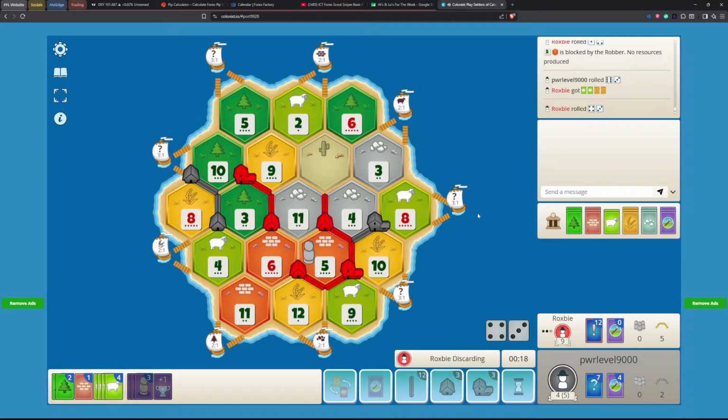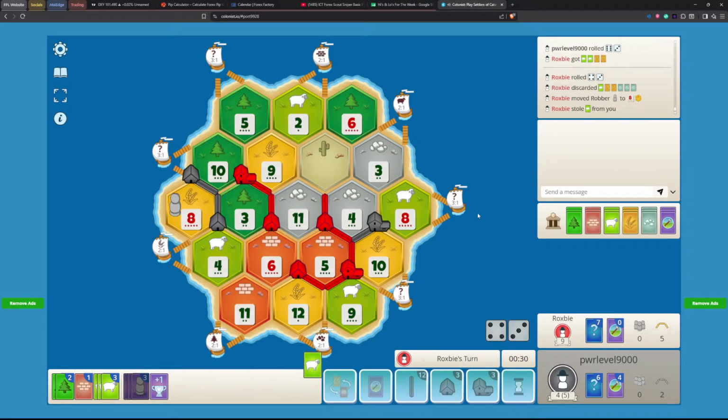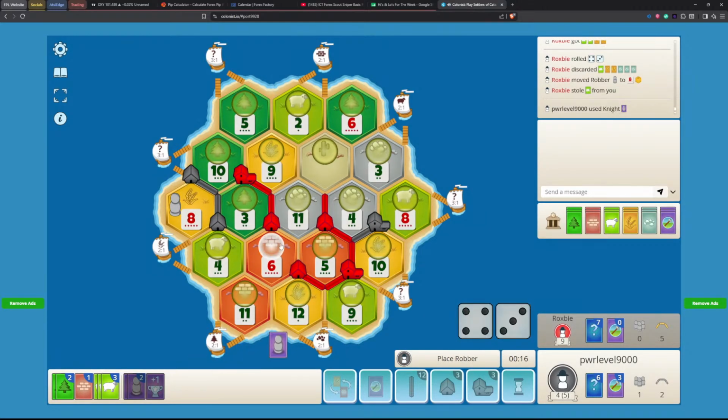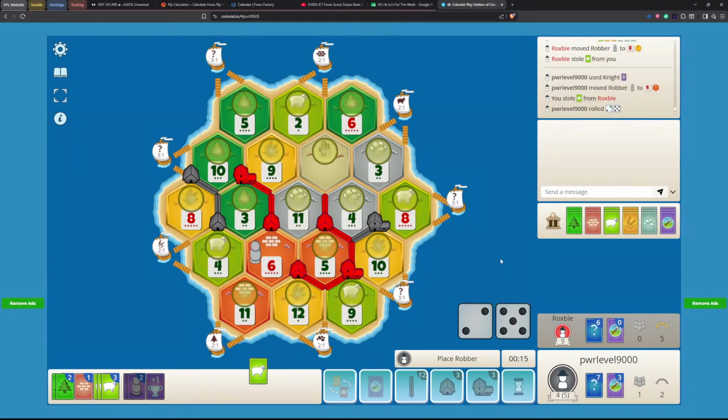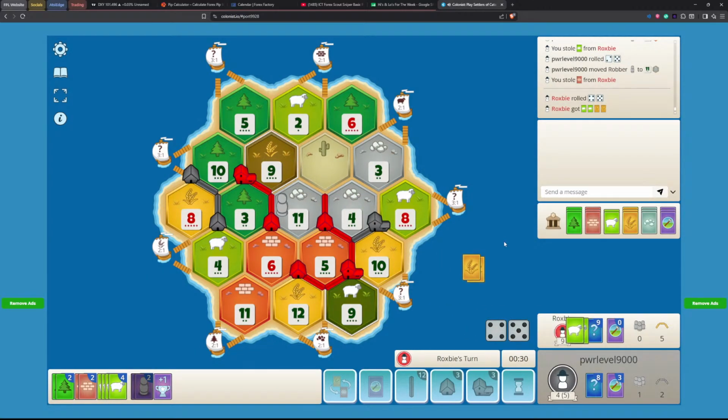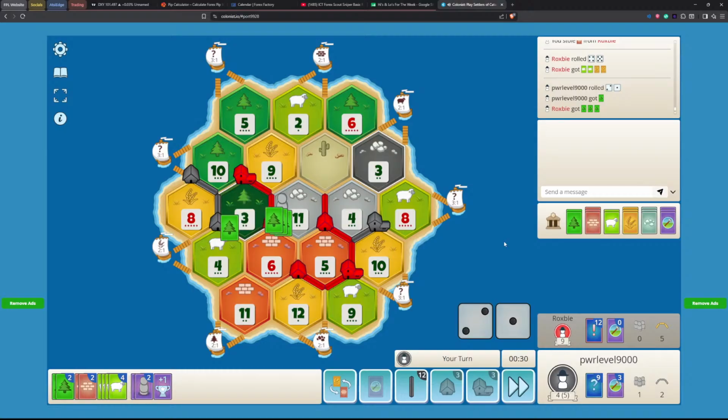Okay, that's good. I can rob him back. Please take a sheep. And I need him to go to F3 and 4. We're losing this, by the way, just for reference. But we took 5 already. Likelihood it gets rolled again. Let's go 6. Okay, can rob this as well. Okay, we need brick.